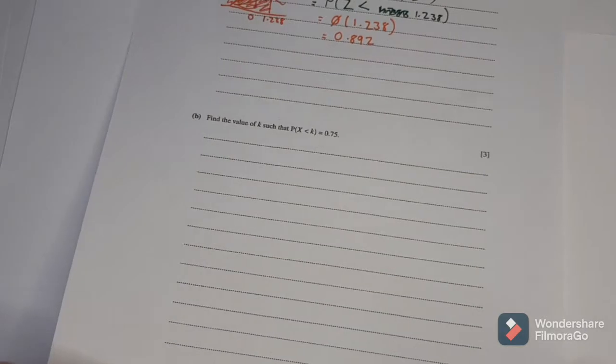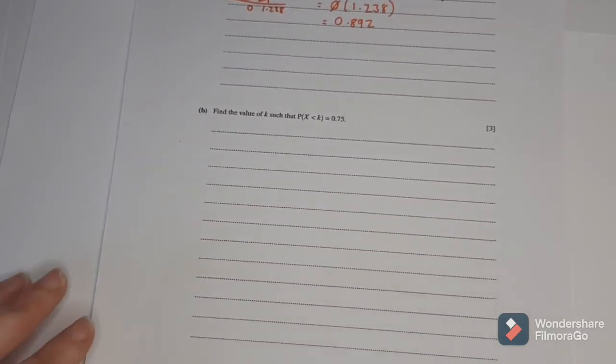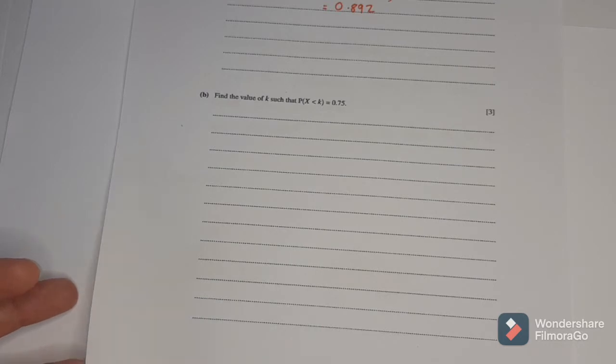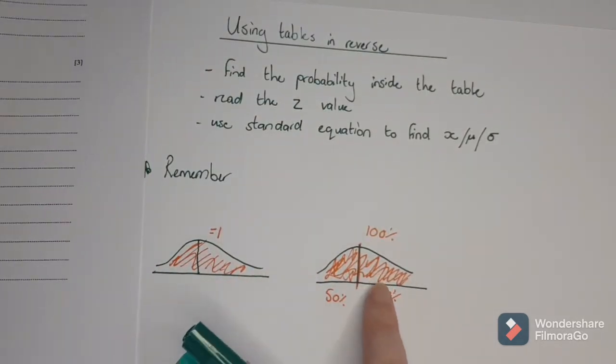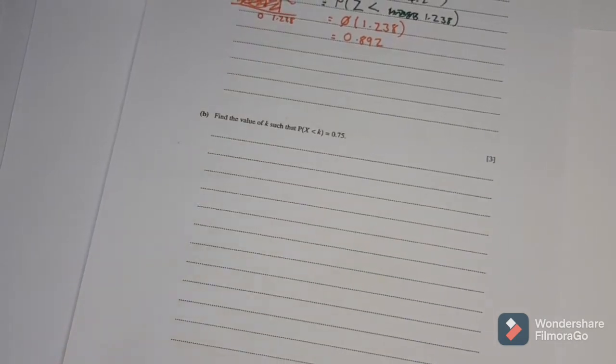Here I have one where it says, find the value of K such that the probability that X is less than K is 0.75. Remember, if the whole thing is equal to 1, that means it's 75% of the table.